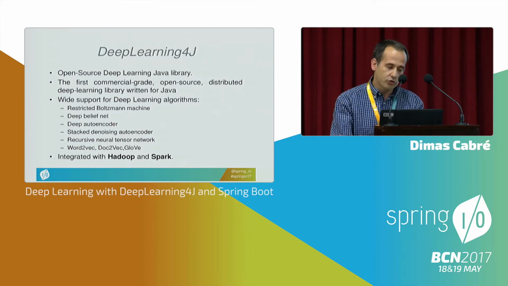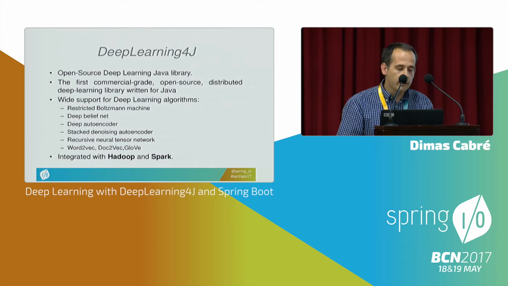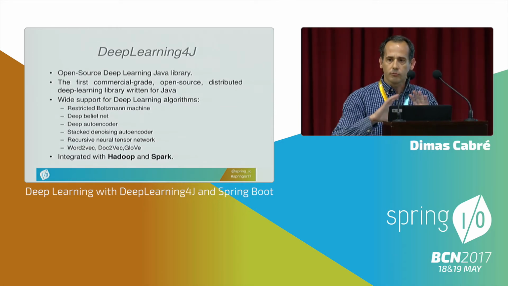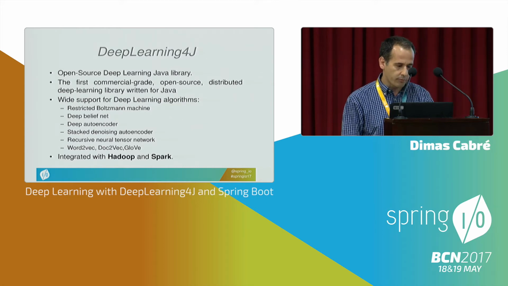What do we have with Deep Learning for Java? It is, of course, open source, and it is a commercial grade and very established library which covers most of the most popular algorithms and topologies that we work with in machine learning. You have here the simple machine, deep belief, deep autoencoder, and other algorithms.